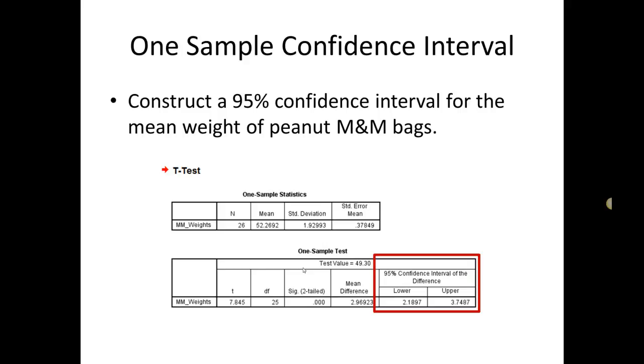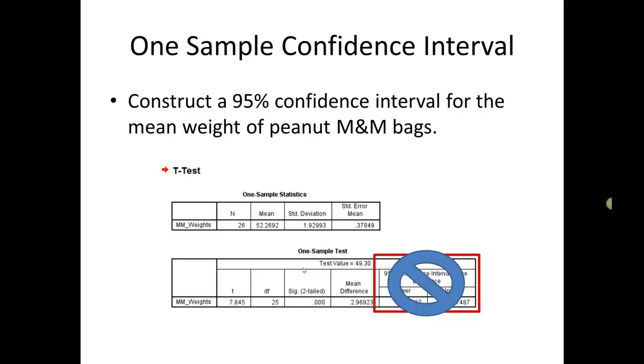And like I said, super tempting to use that. However, this confidence interval is different than the confidence interval that we want. This is not a confidence interval on the mean weight of peanut M&M bags. It's a confidence interval on the difference between your sample mean and the test value. So something totally different. So do not use this confidence interval.